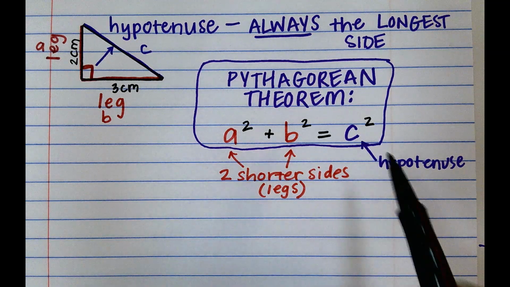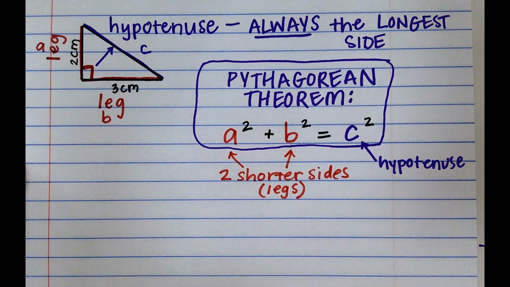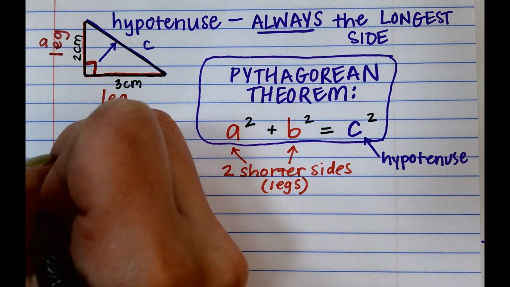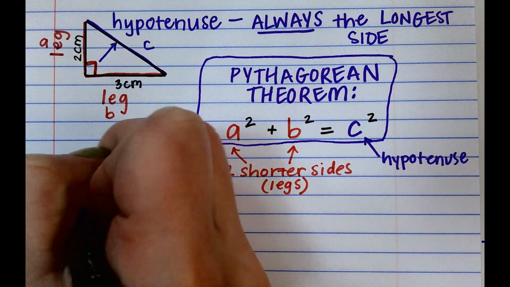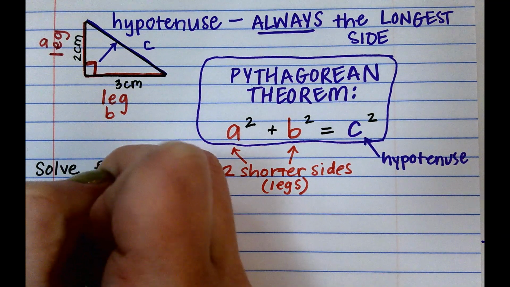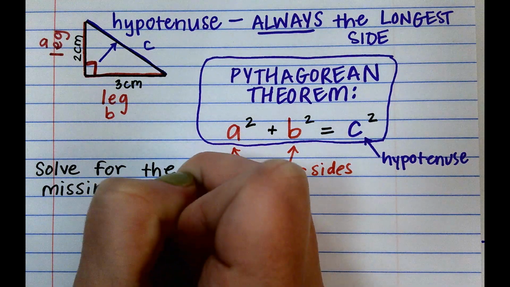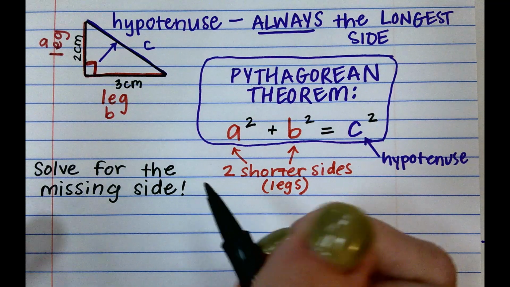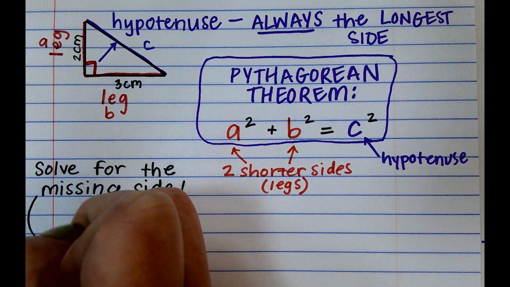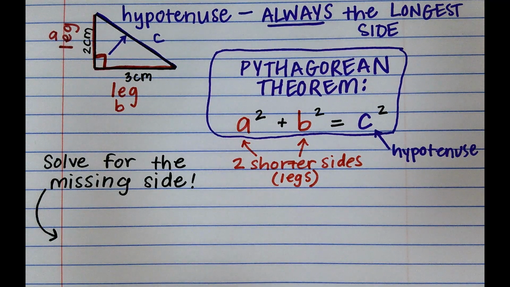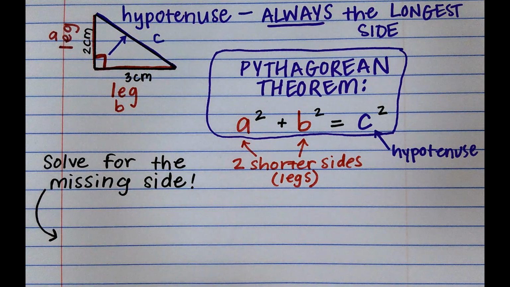So what we're going to do here is we're going to solve for that missing side using the Pythagorean theorem. So I'm going to write here, solve for the missing side. We're using this picture.